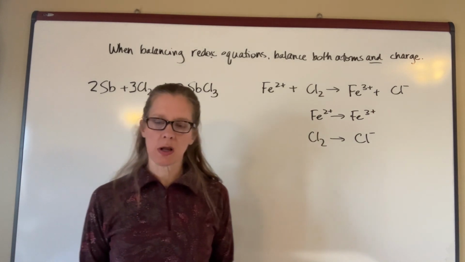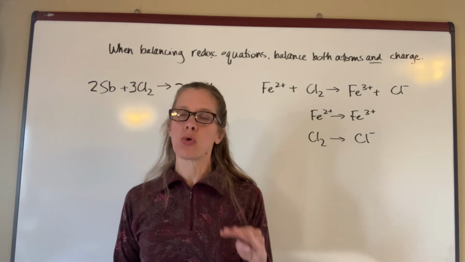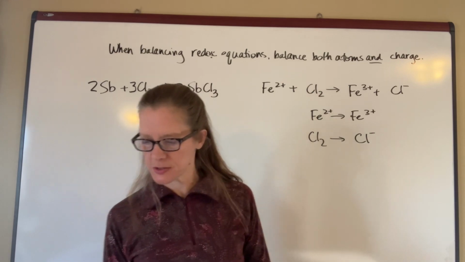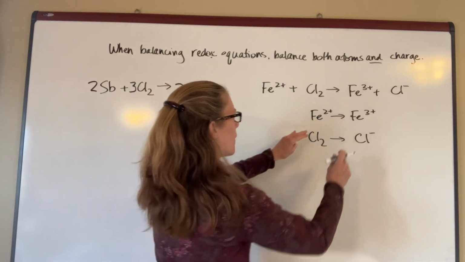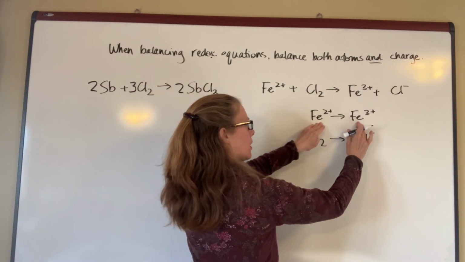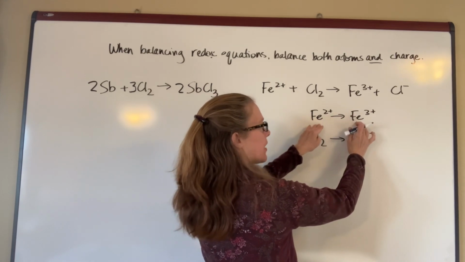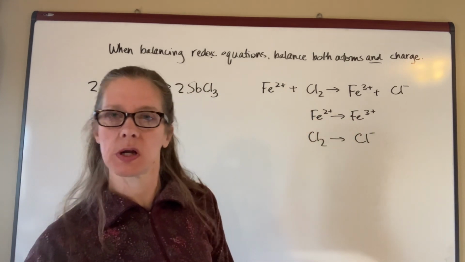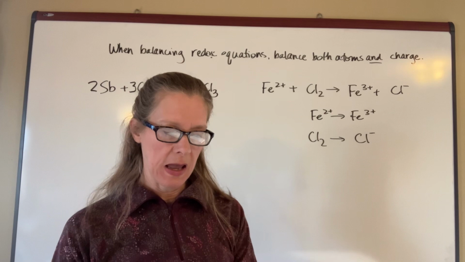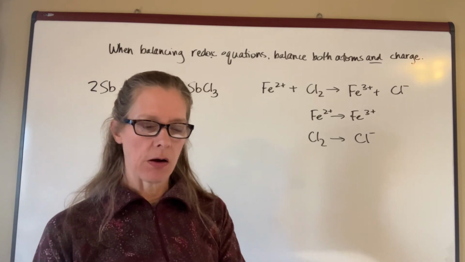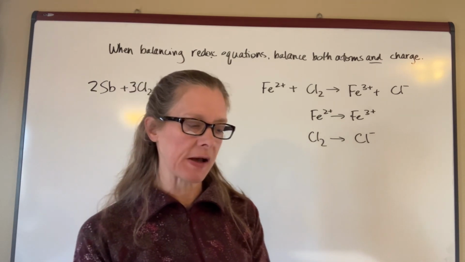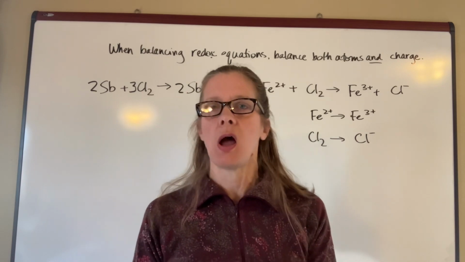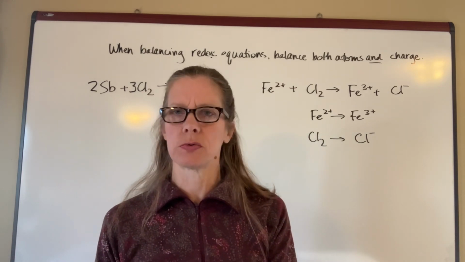The first thing I'm going to do is balance according to the number of atoms. I have 1 iron on each side, so this half reaction is already balanced according to the number of atoms. On the sheet, we're talking about balancing everything except hydrogen and oxygen and adding water molecules and hydrogen ions.